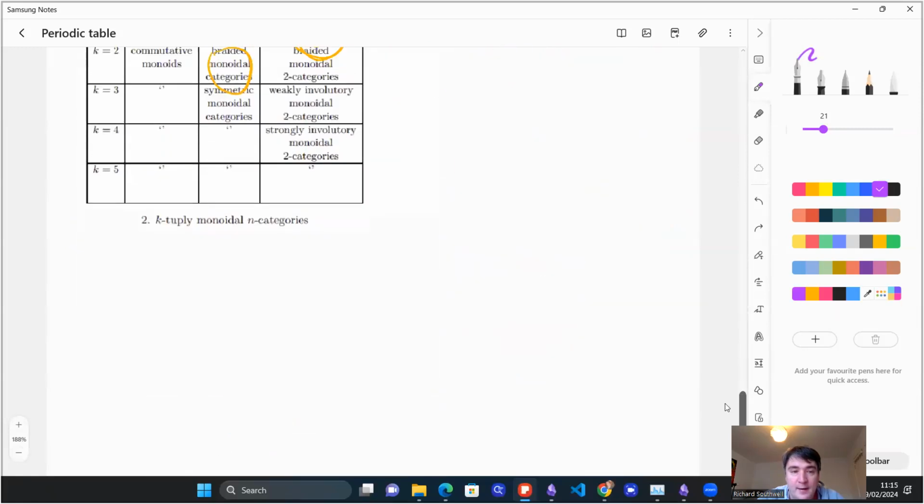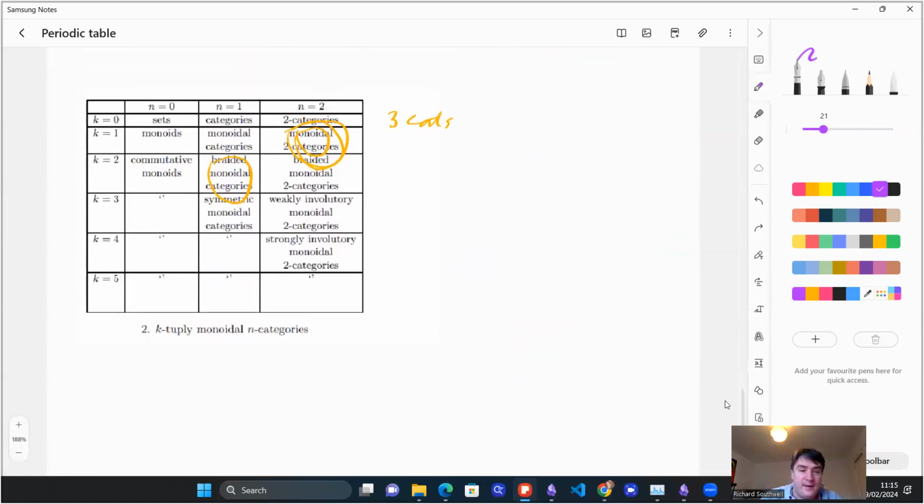Hopefully you're already starting to see that things in this table are reflecting certain things in topology. For example, these braided monoidal categories have a lot to do with knot theory, but this connection goes very, very deep. And I think I'm going to leave it there.